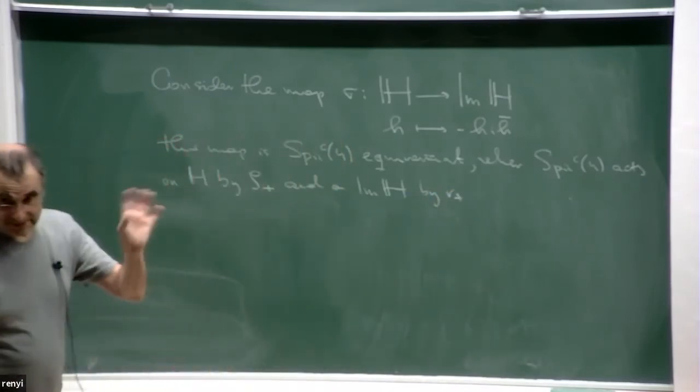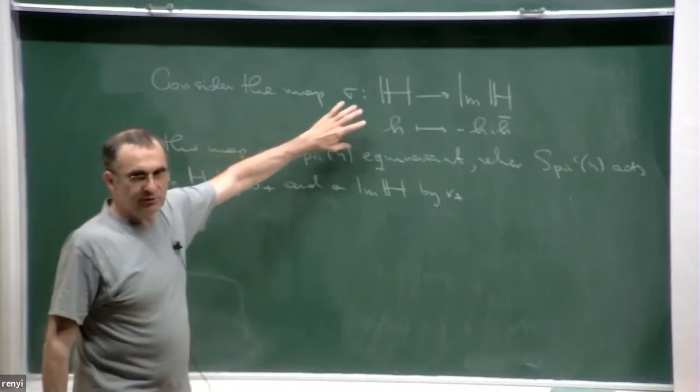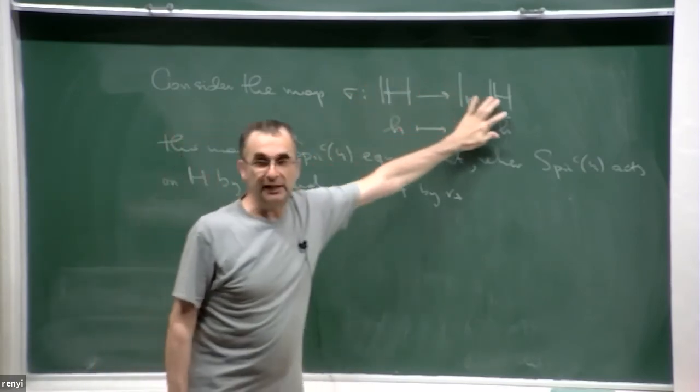So this is a very specific map which sort of intertwines with an action of Spin^c(4) here and there.